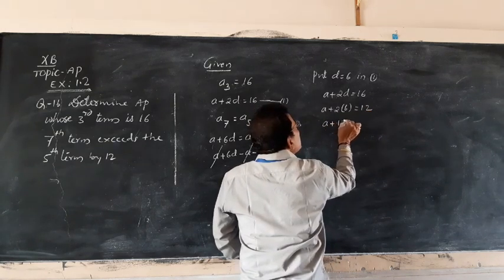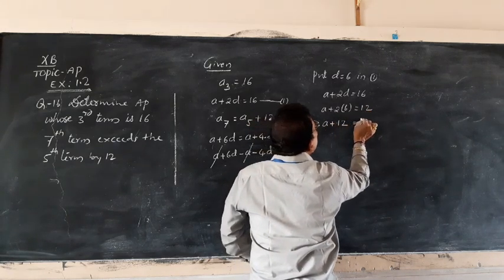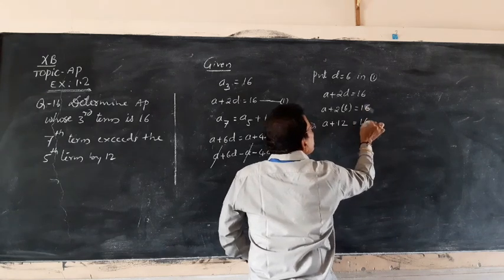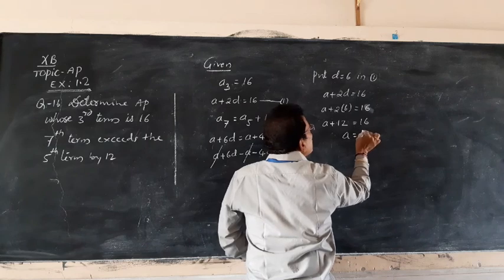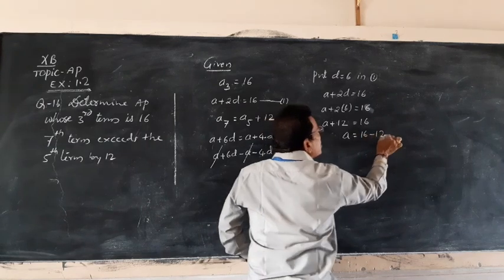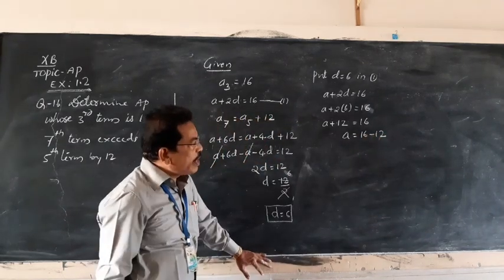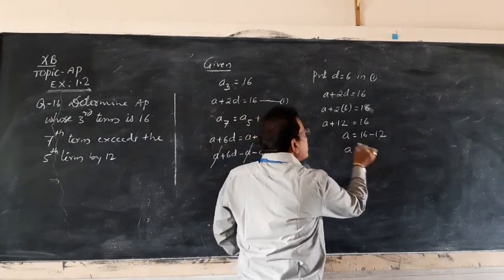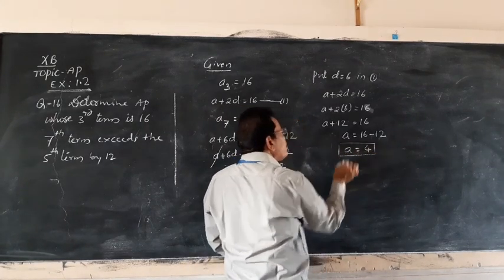A plus 12 equals 16. A equals 16 minus 12. Therefore, A equals 4.